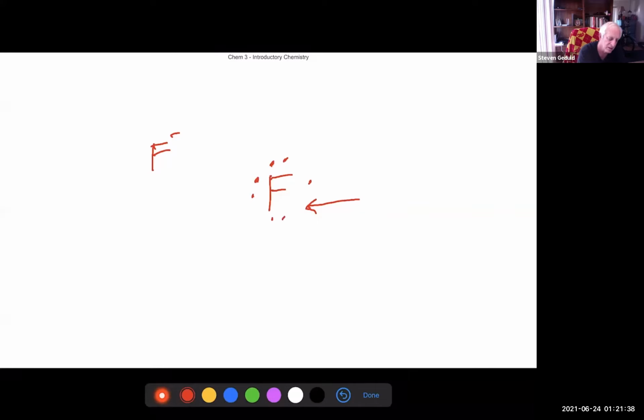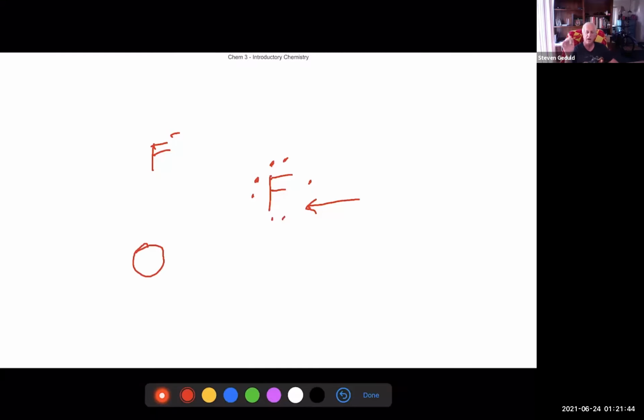So oxygen, how would you write the Lewis symbol? Look at oxygen on the periodic table. Look at what I just told you. How many valence electrons does oxygen have? Somebody should be able to count it.